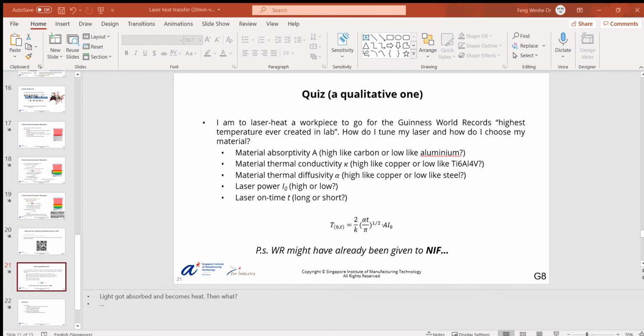I think I'd choose high absorptivity, and then I choose something with low thermal conductivity because the heat will basically be trapped in there. And diffusivity is also related to the conductivity, so I also choose something with low thermal diffusivity. And in the meantime, if I have this laser, I would like to turn it to 110% of its maximum, and I'd like to keep the laser on time as long as I can.